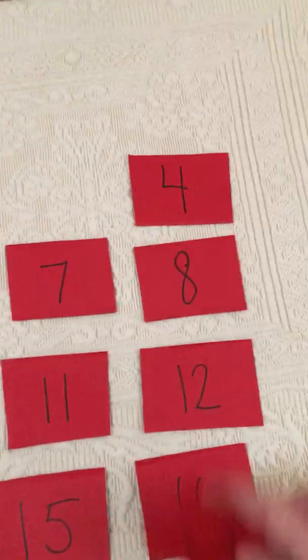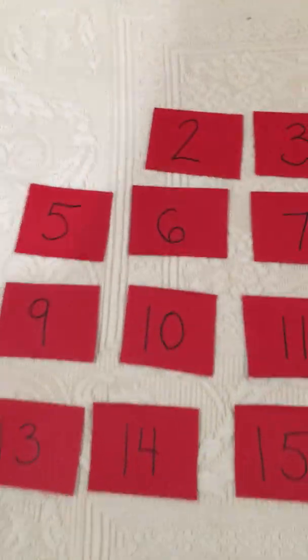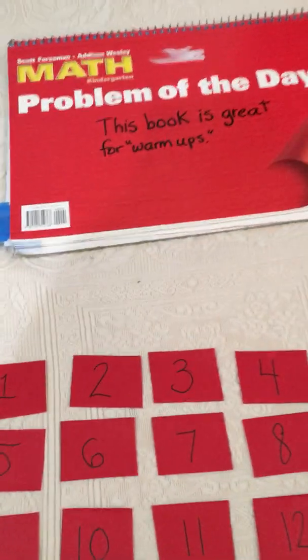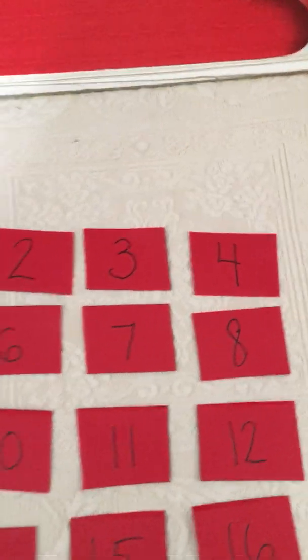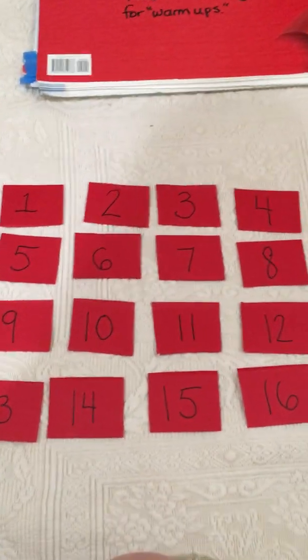4, 3, 2, and 1. Blast off. Now, if you would rather use different numbers or a little less, maybe you only want to use 1 through 8 or 1 through 12, or maybe you want to use from 90 to 100, but choose a set that is in order.